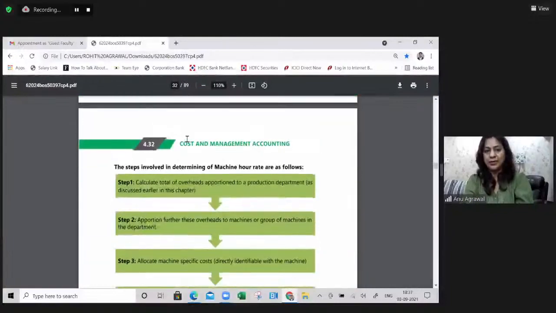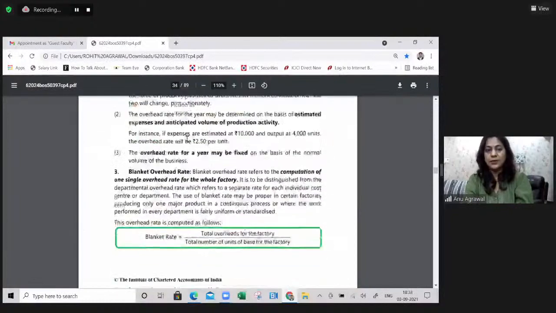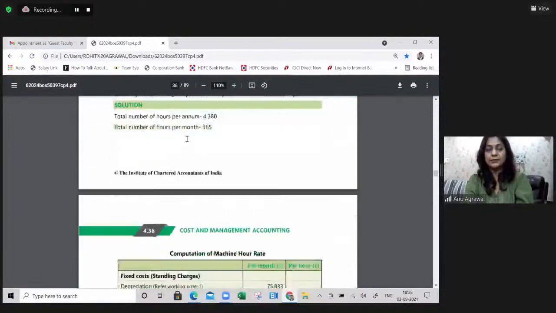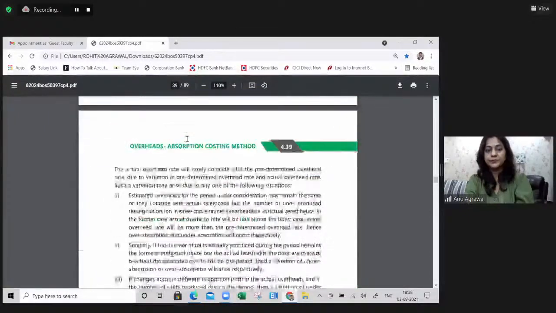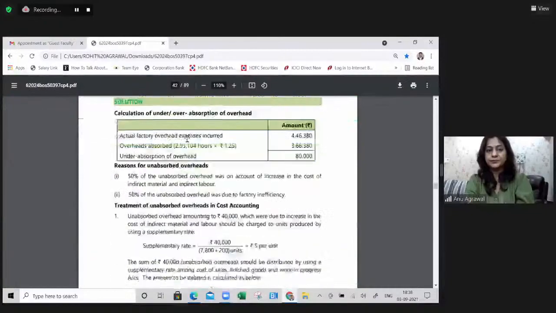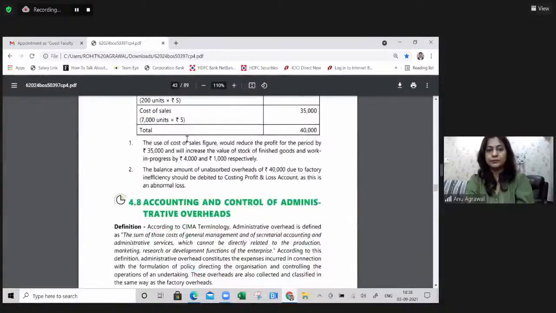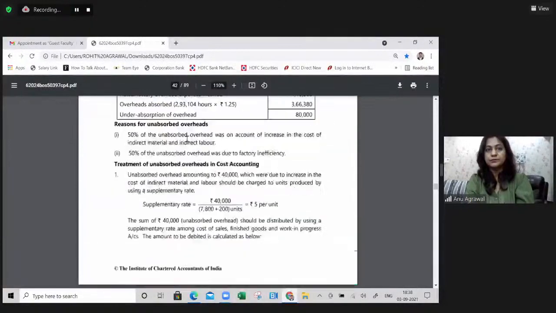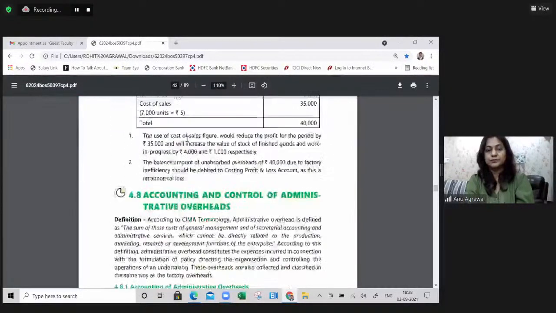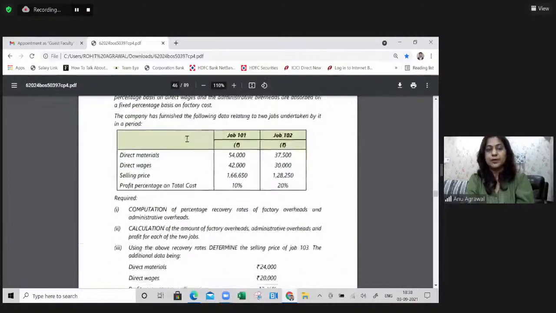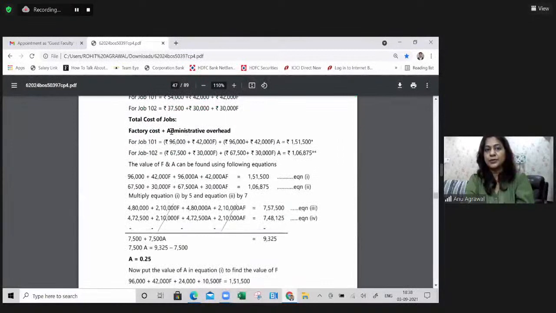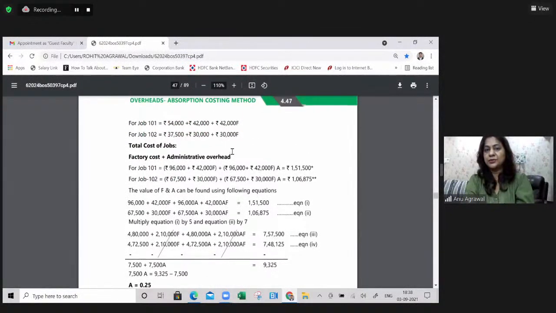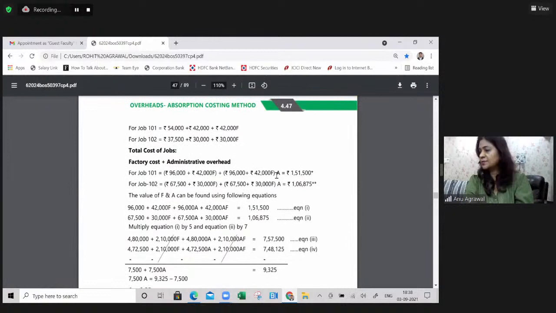One by one, I'll keep on taking the doubts. Okay, so illustration 9, is it clear to you? I hope, Shivani, now it is clear why this figure 151,500 has been derived. Okay, so this one doubt is clear.